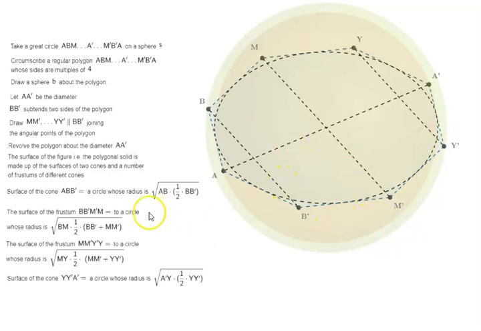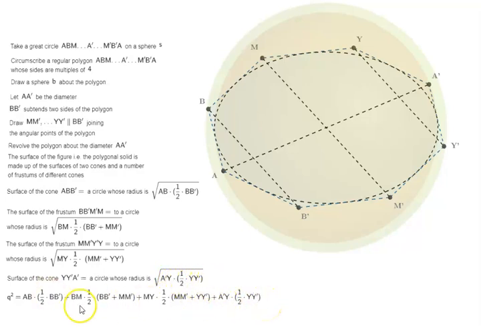Now, to figure out that, what we do is we sum up the squares on these radii of these various circles. So we get Q square is equal to AB times half of BB prime, which is what the square of this is, plus BM times half of BB prime plus MM prime, plus My times half of MM prime plus YY prime, plus A prime Y times half of Y prime.